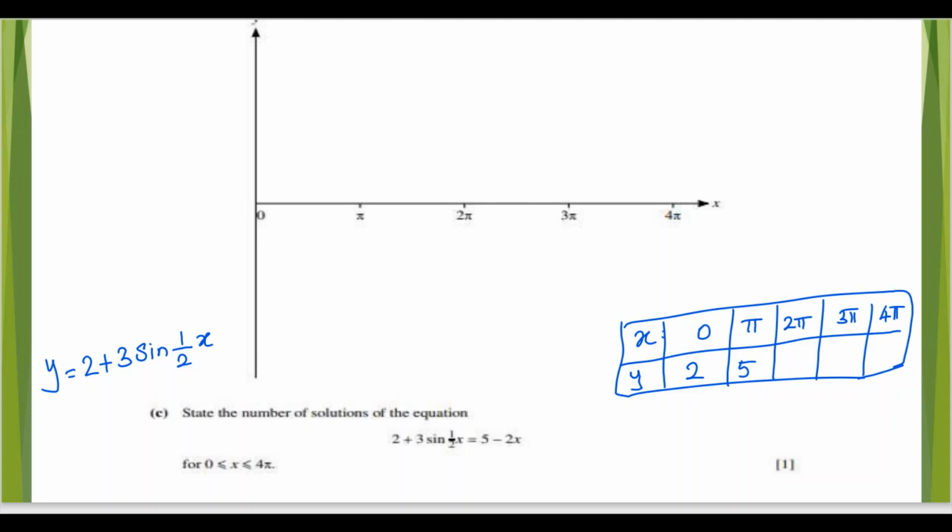You'll get sine pi, which is nothing but 0. So you'll get 2. And for 3 pi, we will get -1. So 2 minus 3 is -1. And for 4 pi, again 2.